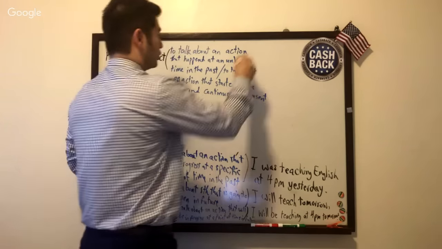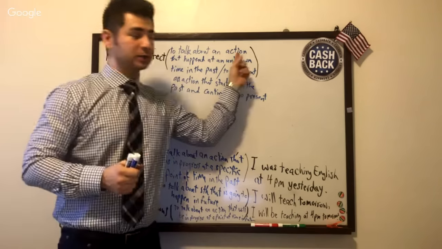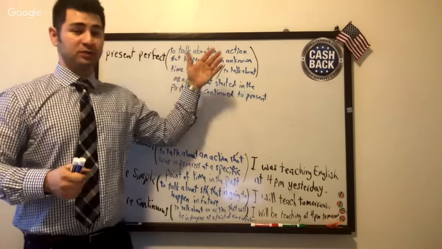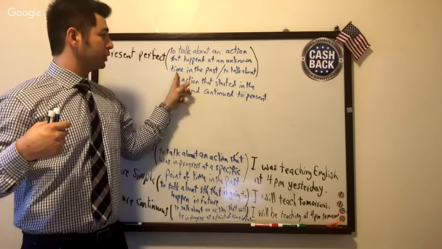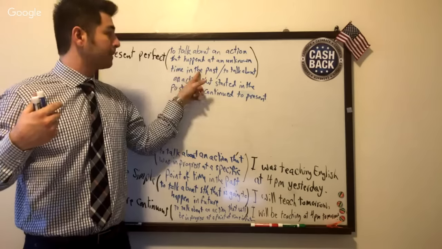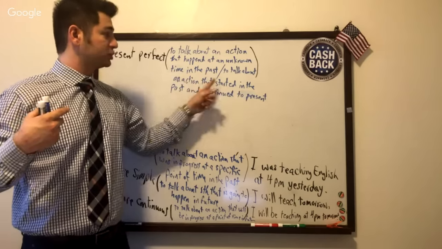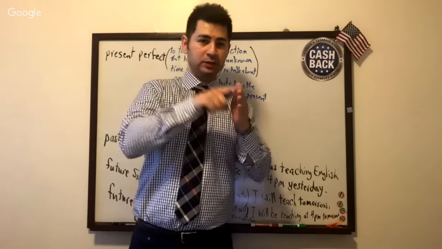So use present perfect to either talk about an action that happened at an unknown time in the past, it happened in the past, but we don't know exactly when, or to talk about an action that started in the past to the present.